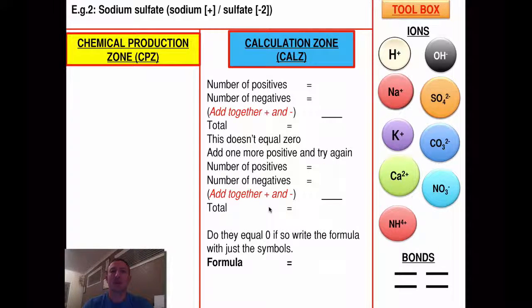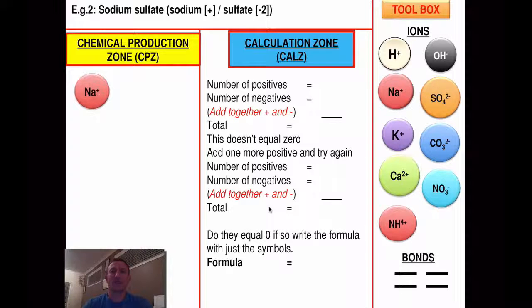Okay, let's look at example 2. In this case, we're going to make the compound sodium sulfate. Again, we've got sodium, which is a 1+ ion, but we've got this complex ion sulfate, 2-. The key to this is realizing that the SO4 stays as it is. All we're going to do is start looking at the ions. So let's put the positive over in the CpZ. There we go.